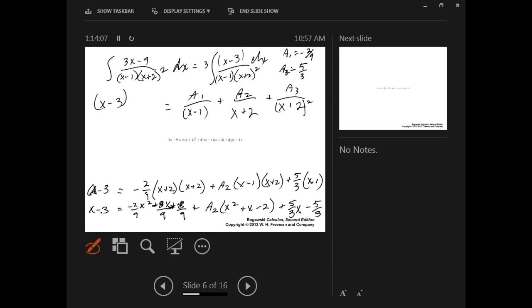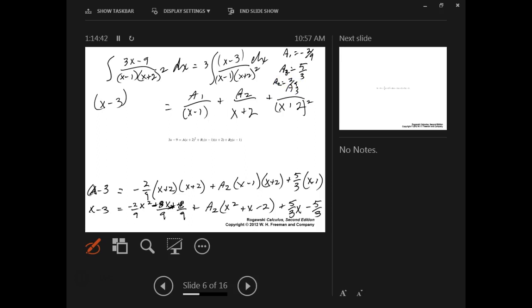So this tells us A2 is equal to 2/9, because the x squared term, 0, has to equal minus 2/9 x squared plus A2 x squared. A2 is equal to positive 2/9. Okay?